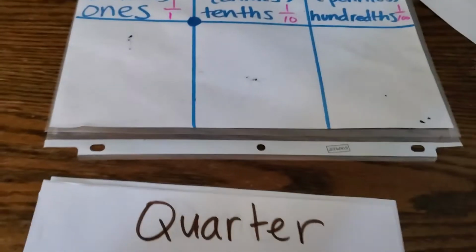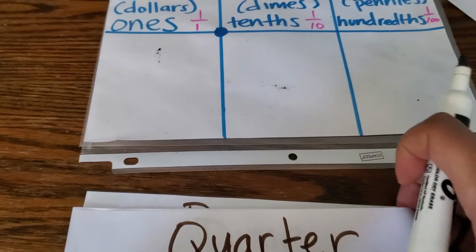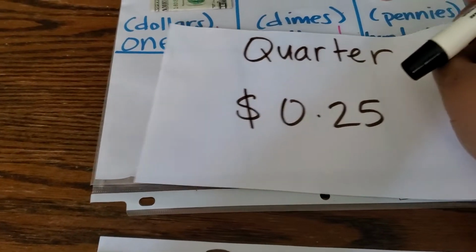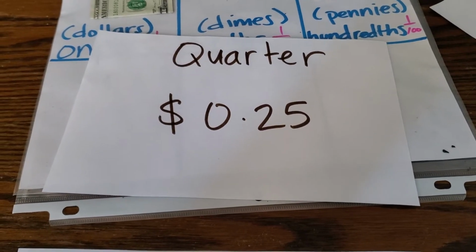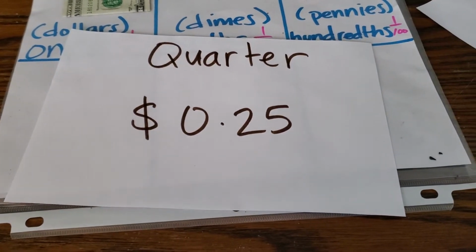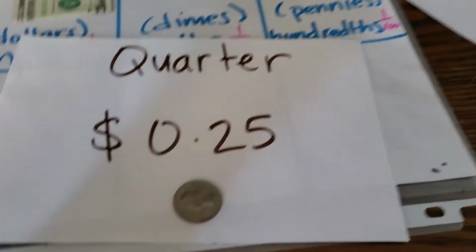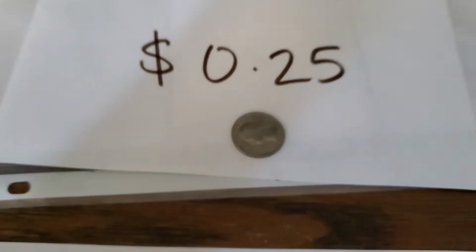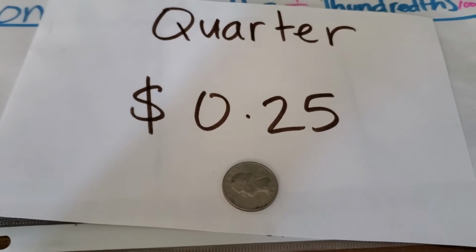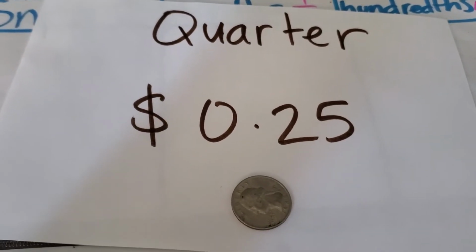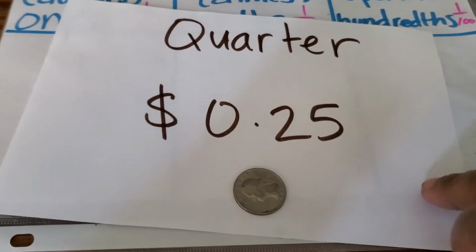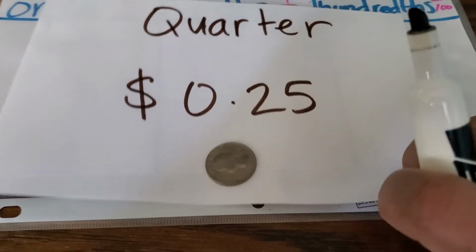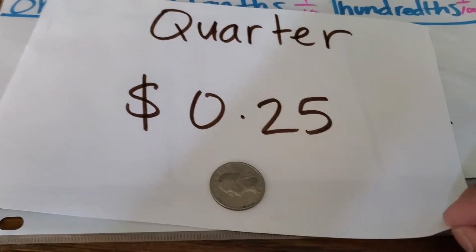Next, we're going to work on quarters. That's what a quarter looks like in money notation, and that is what a quarter looks like in real life. I'm sure you've seen them. But that's a quarter. If you wrote it in dollar notation, we're not going to use the cent sign for this.